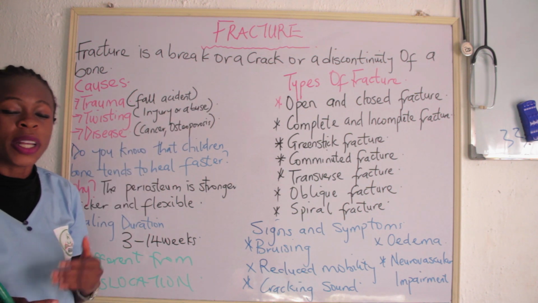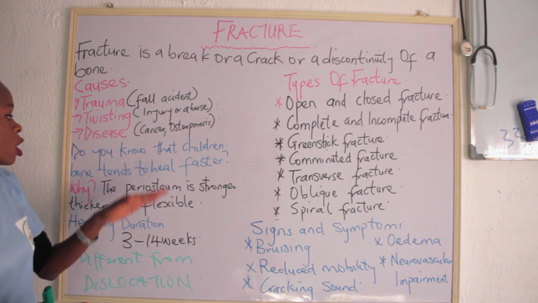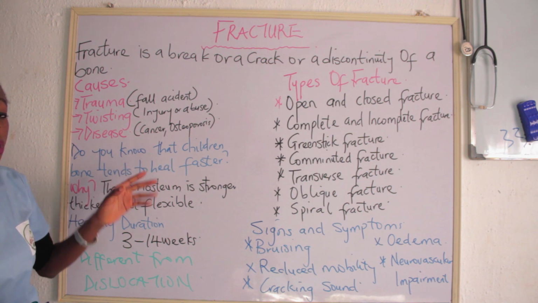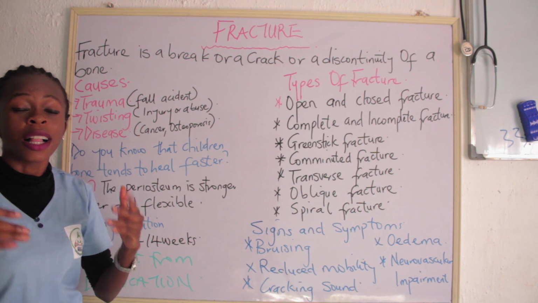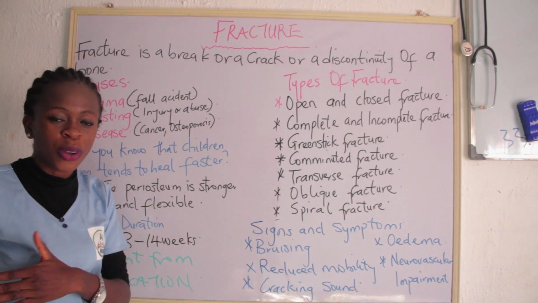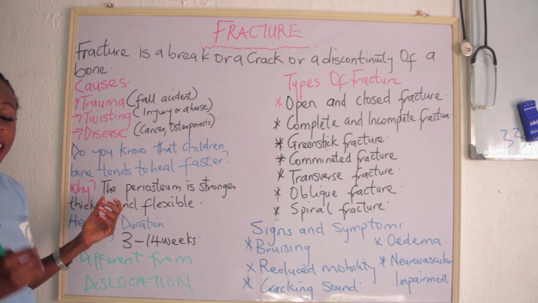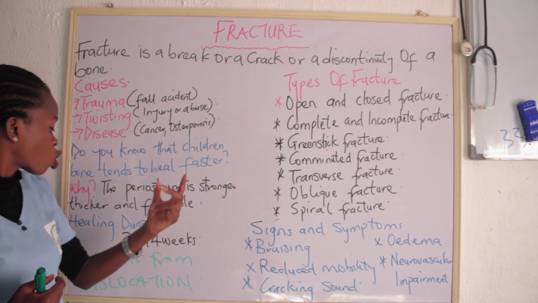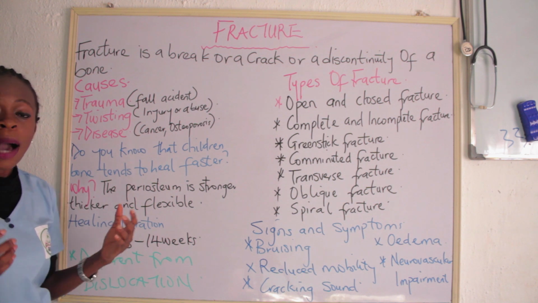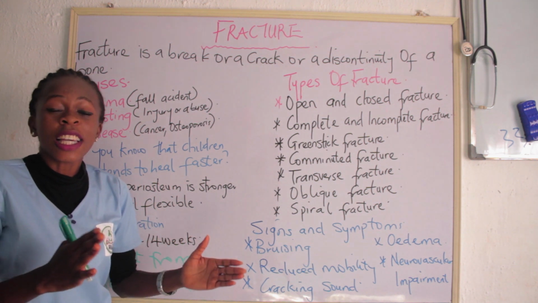One thing you should note when it comes to fracture is that children's bones tend to heal faster compared to an adult bone. But why? This is because the periosteum of a child's bone is stronger, thicker, and more flexible, so it can easily go back to normal.